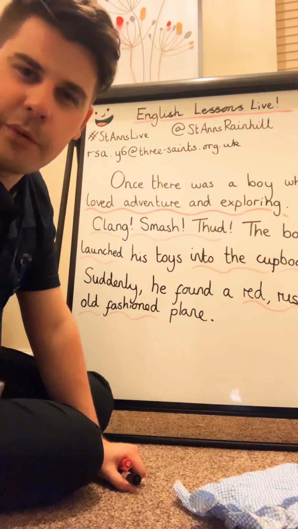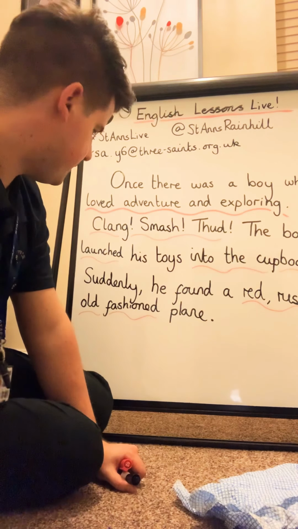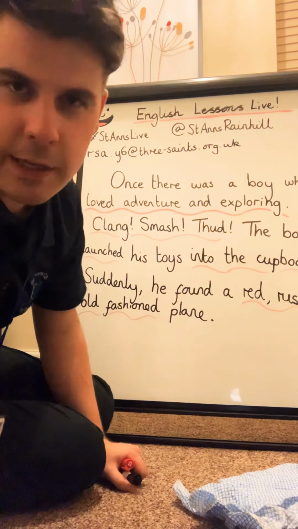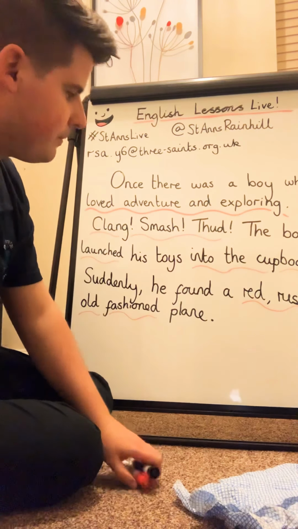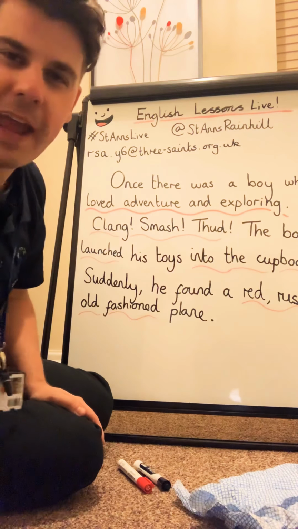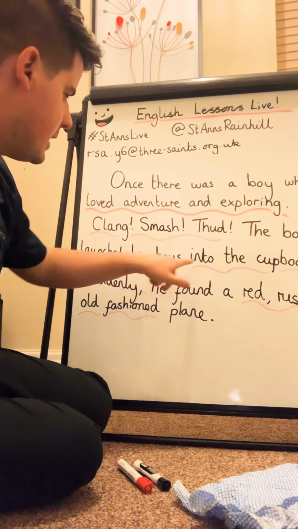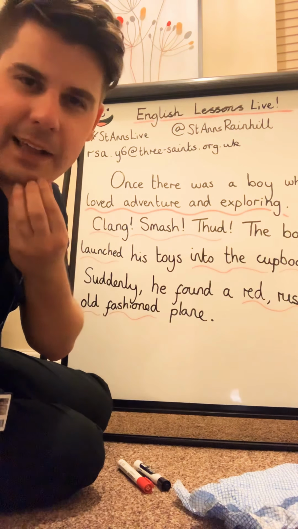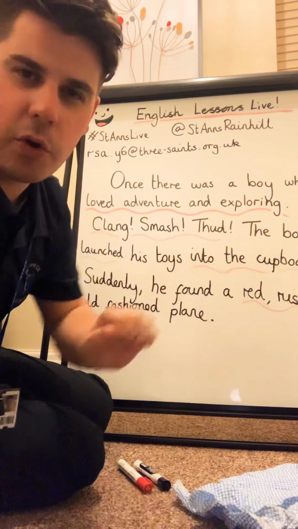And that's what he's found while he was tidying up. Now, I want to add one little extra thing onto here before we finish. I want to tell my reader exactly where he found it. Now, we did say he was launching his toys into the cupboard, but I want to tell my reader exactly where in the cupboard. So maybe it was in the back corner.